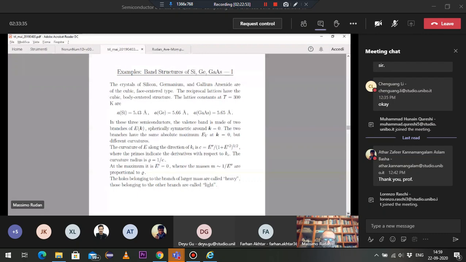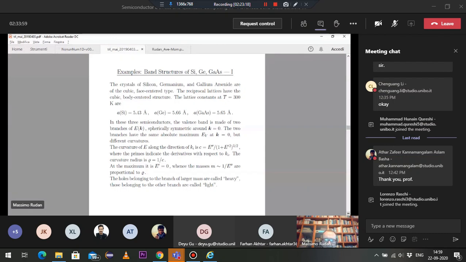When we indicate the value of the lattice constant, okay, we must specify the temperature because it's intuitive. If you increase the temperature, you expect that the crystal may expand, okay? So the lattice constant will become larger, okay?